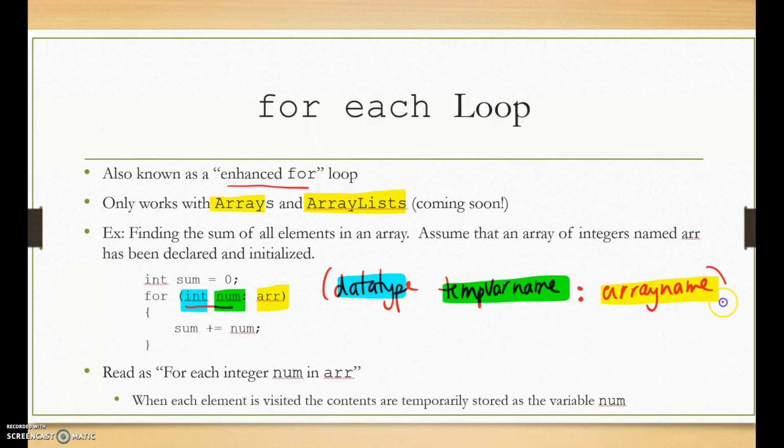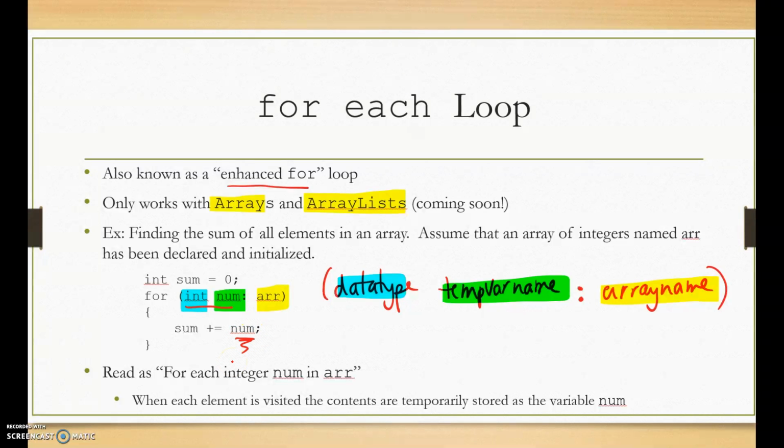And what this notation tells the computer to do is find every int inside the array and temporarily call them num one at a time. So you'll notice that the notation is much simpler here in the code. Instead of having to say arr[i], I can simply just say num.